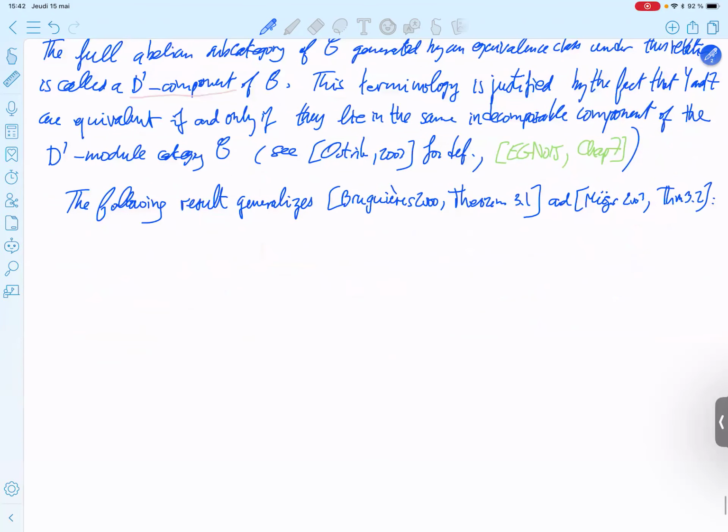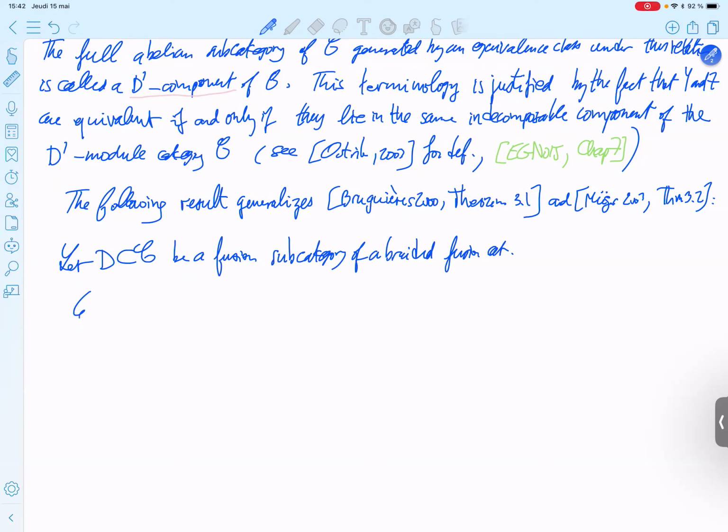Okay, so you take, as before, a fusion subcategory of a braided fusion category. So let D in C be a fusion subcategory of a braided fusion category C. Consider the S-tilde matrix. So you have the S-tilde matrix on C, but now we will consider a submatrix.